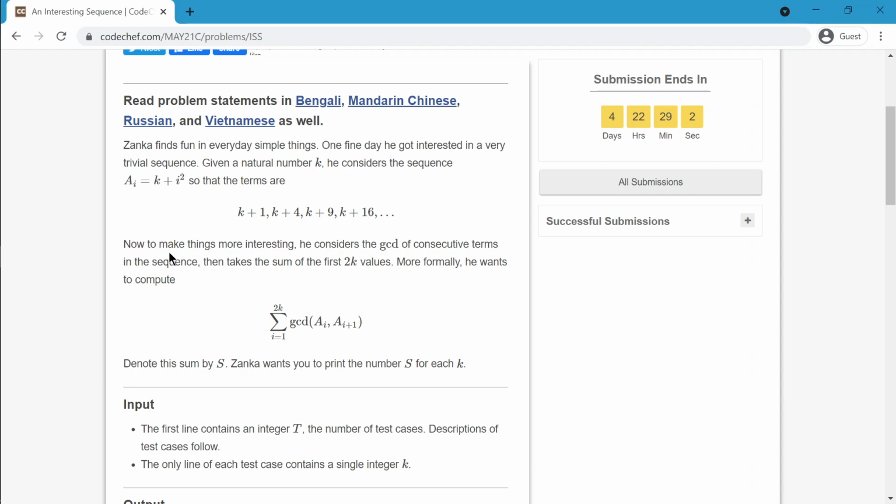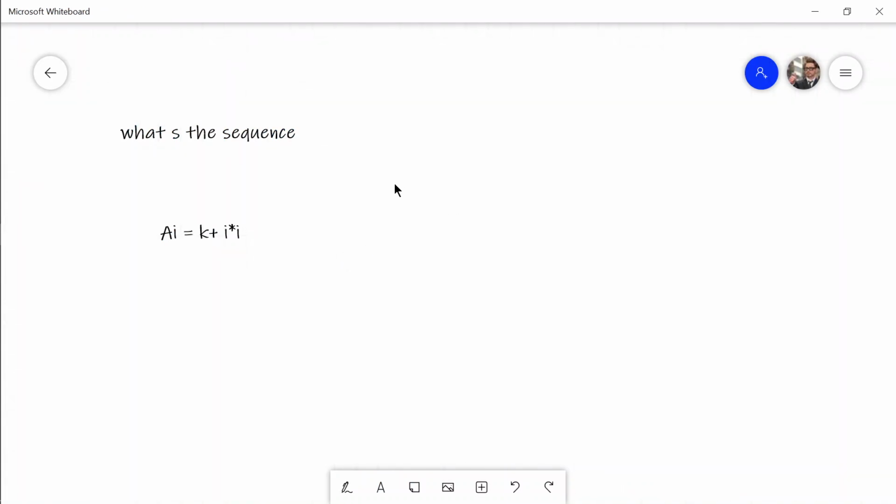Now, to make things more interesting, he considered the GCD of consecutive terms. So he wants to find the GCD of two consecutive terms in the sequence, then take the sum of those values.